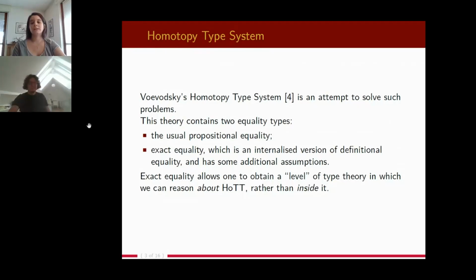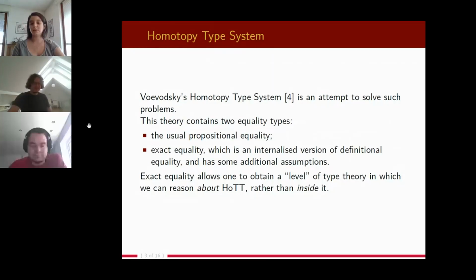This second equality, exact equality, allows us to have, in a sense, another level of type theory. This second level can be used to reason about HoTT and not inside it, as we do with the usual equality.